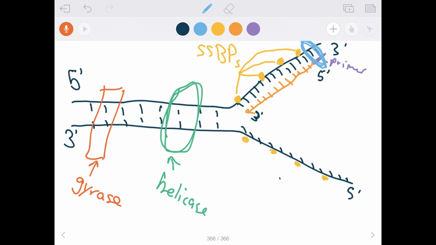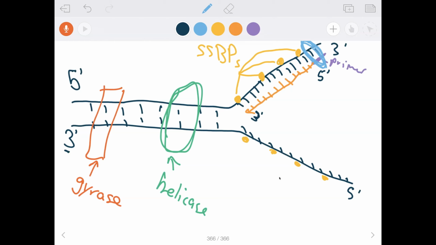So hopefully this makes sense so far, that we have used one of the original strands, the top one, to build a new daughter strand to go with it. But that's not enough, right? That's only one copy. We need a second copy. So we will use the bottom strand as well to make another complete copy of the DNA. Now here's the problem. Look at the directionality of this bottom strand.